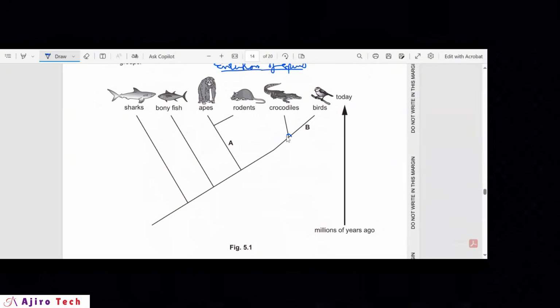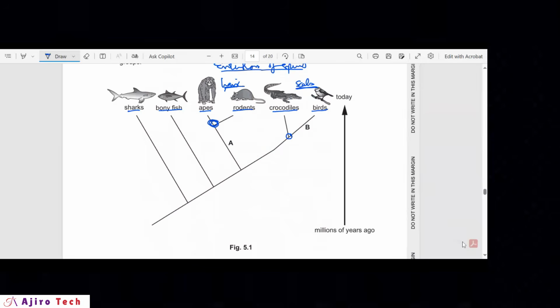Crocodiles and birds, the ones that have scales, have just evolved from a common ancestor. Apes and rodents, with a common feature like hair, have just evolved from a common ancestor. Sharks and bony fish do not seem to be closely related like these.